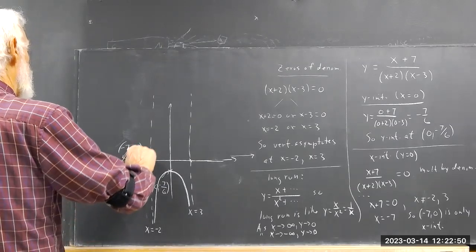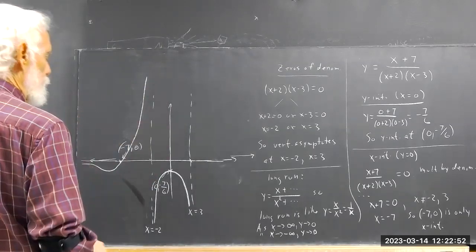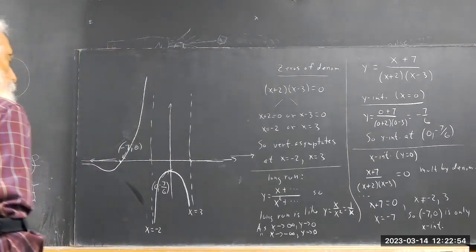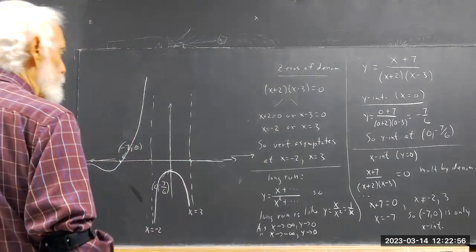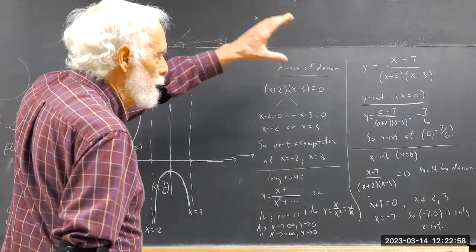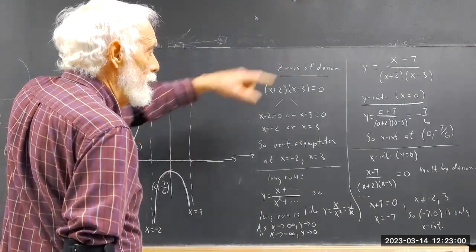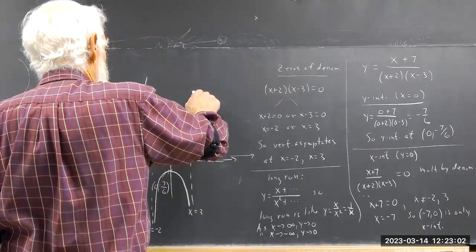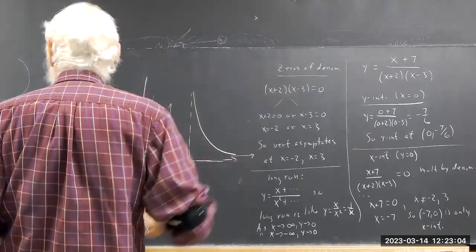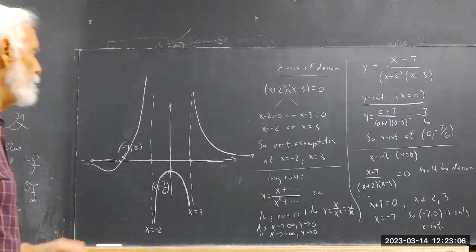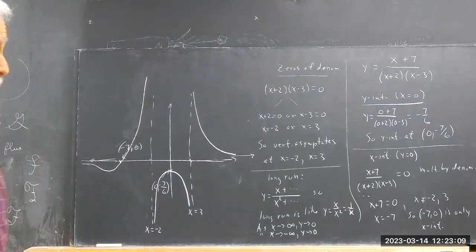We dip down and then we go up to the vertical asymptote here. And now over here, if x is bigger than 3, all those numbers are positive. So this is going to be like so. All right, so there's what your graph looks like.